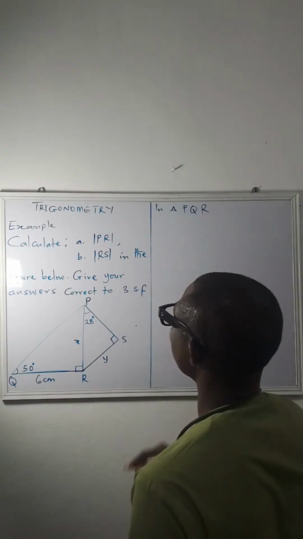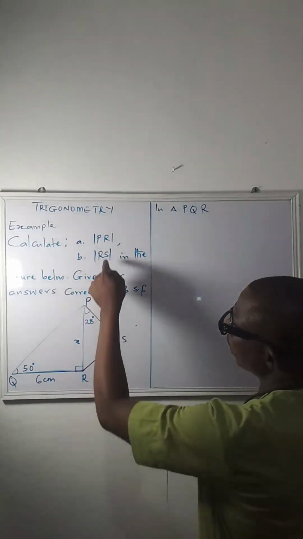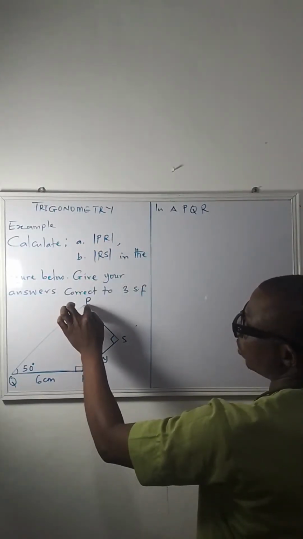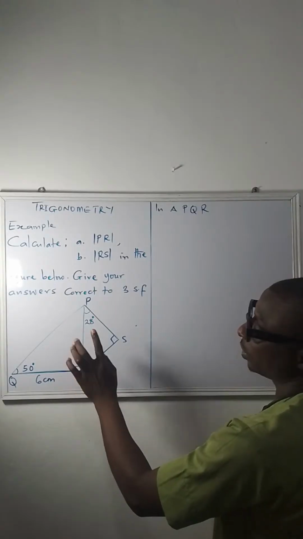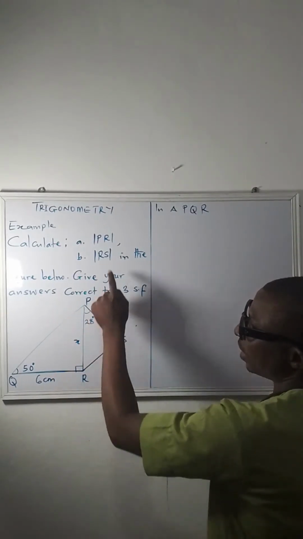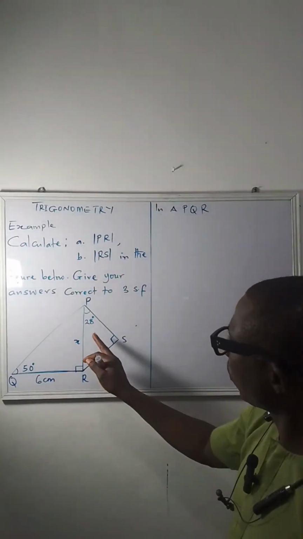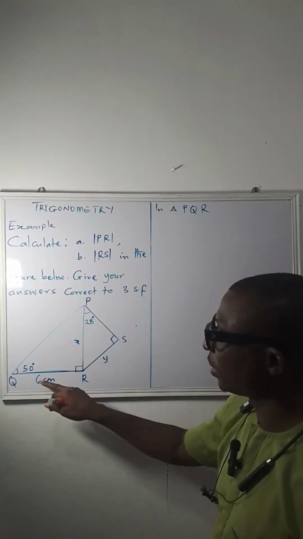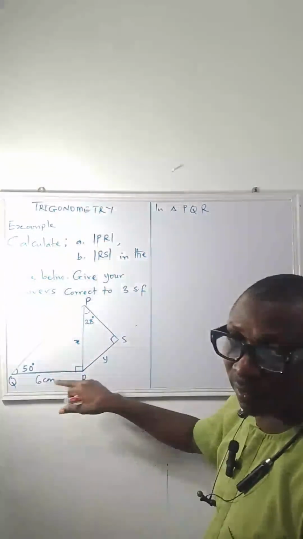In PQR, you can see your PR, which has been represented with x here. What I'm looking for now is PR, and that's the first task we have here. I'm going to connect this unknown side with the given side.